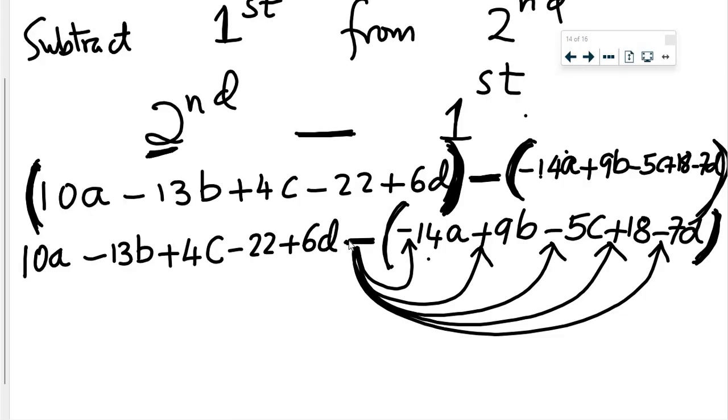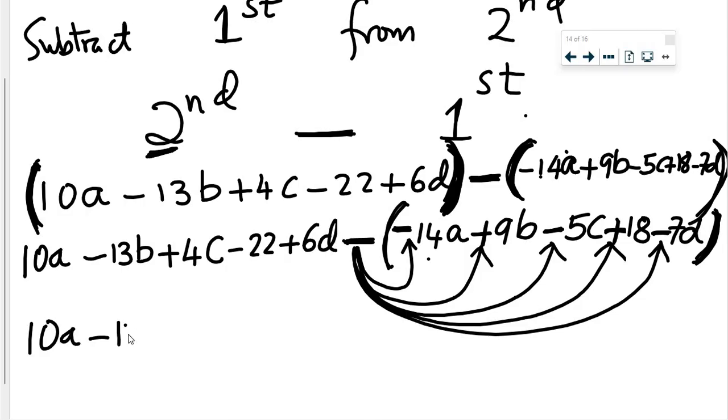Now, when this minus sign is put here, this negative sign will become positive, and this positive sign will become negative. This negative sign becomes positive, this positive sign becomes negative, and this negative sign becomes negative.